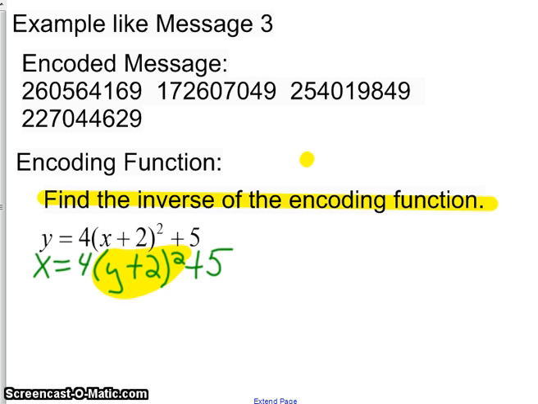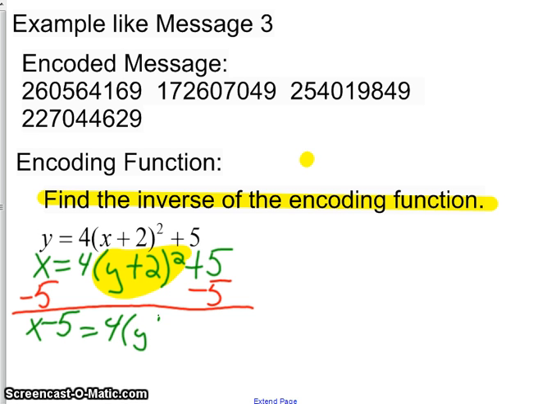So all of this is what has to be isolated. So first I want to get rid of the separate term that's on the same side. I want to get rid of 5. I'm going to add -5 to both sides. So this is x minus 5 equals 4 times y plus 2 squared. Of course, the 5 cancels. That's what I wanted to do.